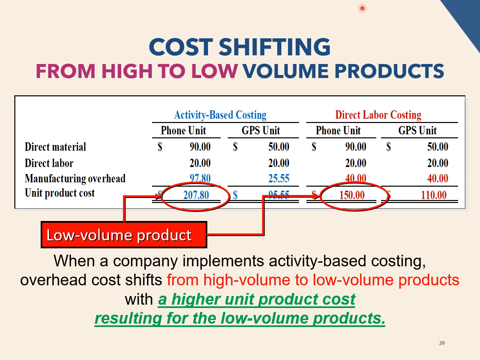This increase was resulting from batch level and product level cost, which shift from the high volume product to the low volume product. For example, consider the cost of issuing a production order we just mentioned previously, which is a batch level activity. The average cost to Harris to issue a single production order is 2625.